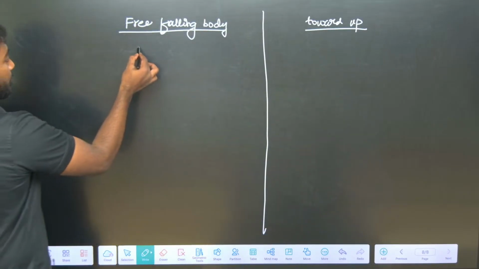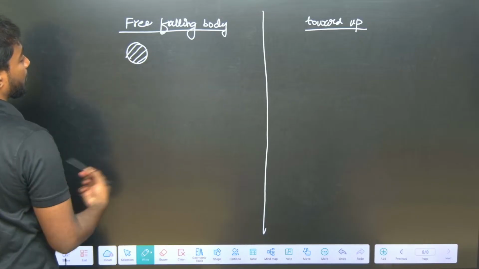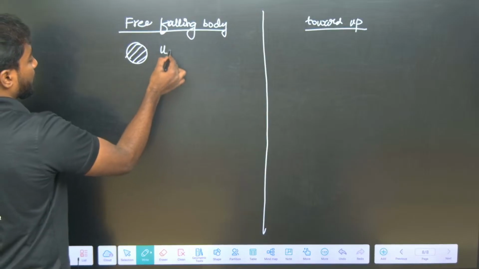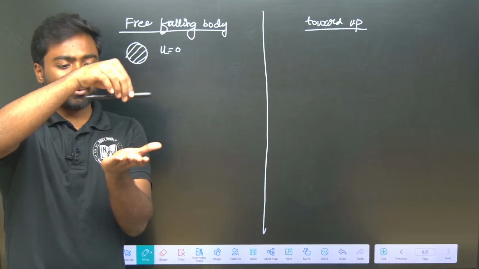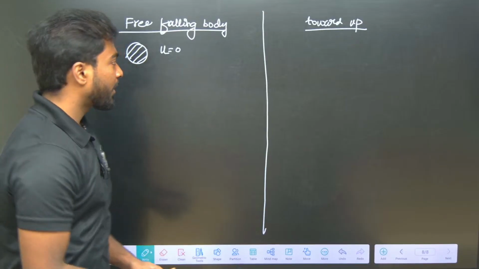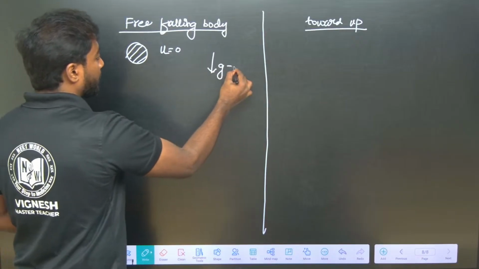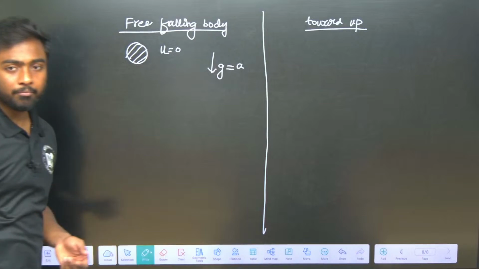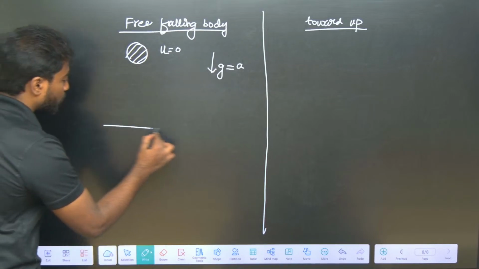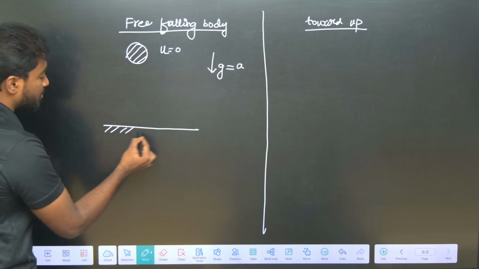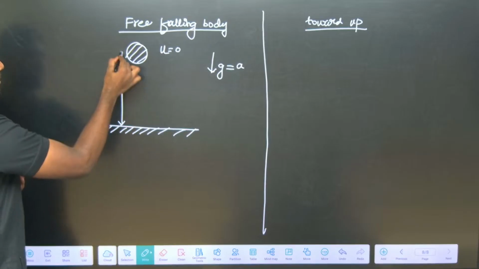In this case, let me take a body. Initially the velocity will be equal to 0. Simply I am leaving the body like this. Due to gravity it is going down. Gravity is towards down, right? So I am considering gravity as acceleration. Let me take a surface where the ball reaches from height h to the ground level.